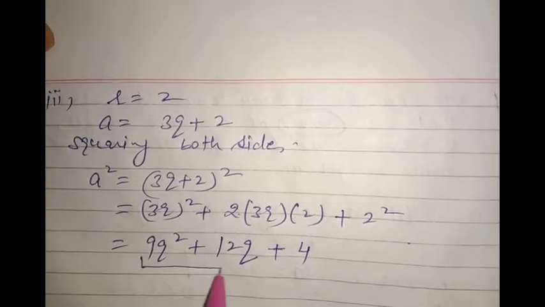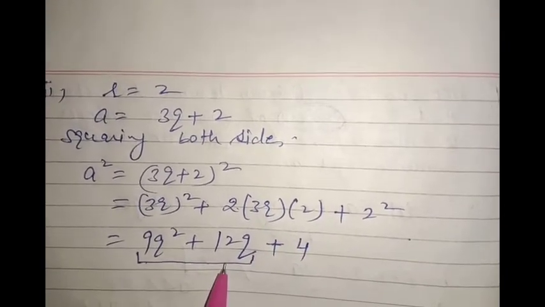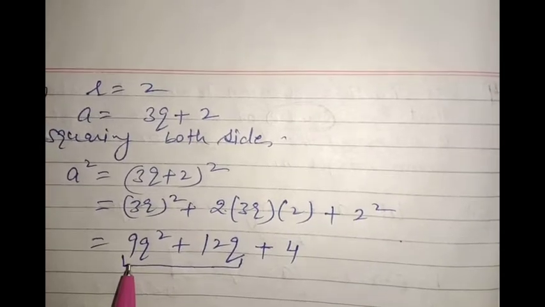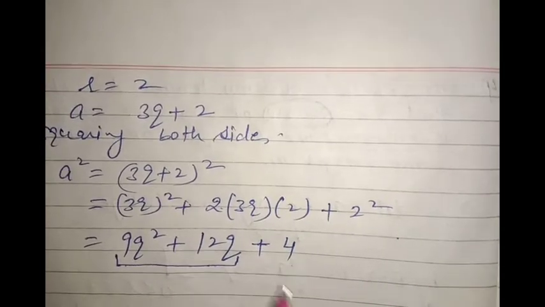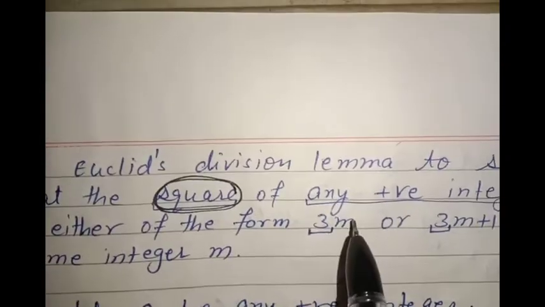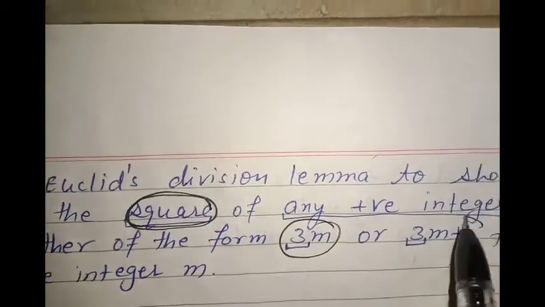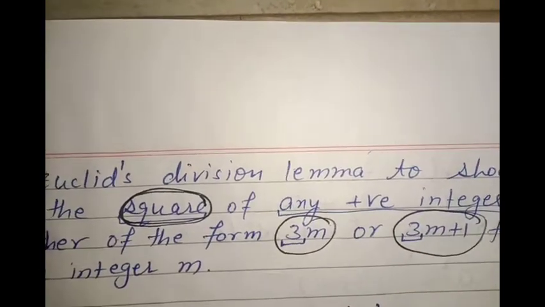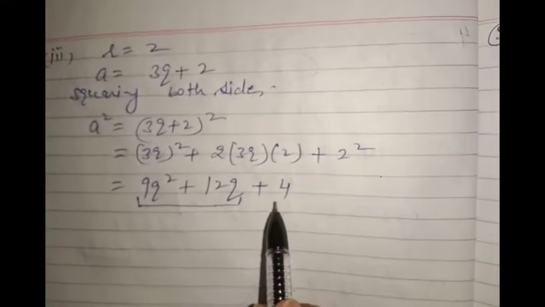If I take 3 common from these two, then I will get 3m plus 4. But just go back to the statement of the question. The question says either of the form 3m or 3m plus 1. But here it is 4.